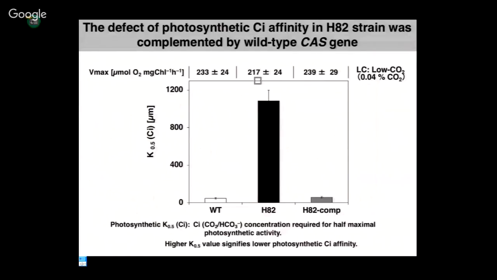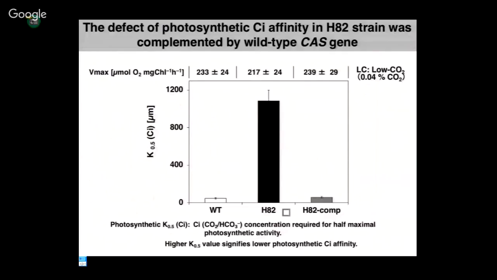So we did complementation by introducing the intact Cas gene into the mutant. He succeeded in complementing the mutation. The phenotype is very clear. Some mutants we cannot complement, so we have to discard them. This kind of step is sometimes laborious.